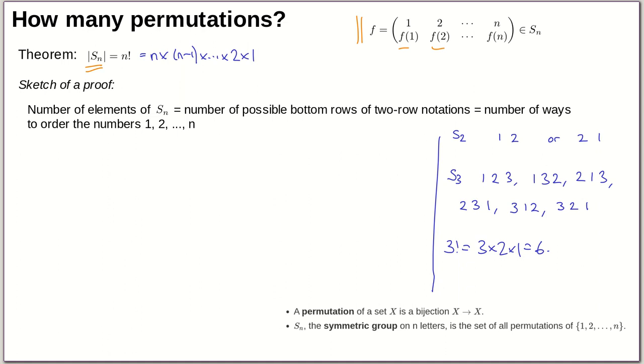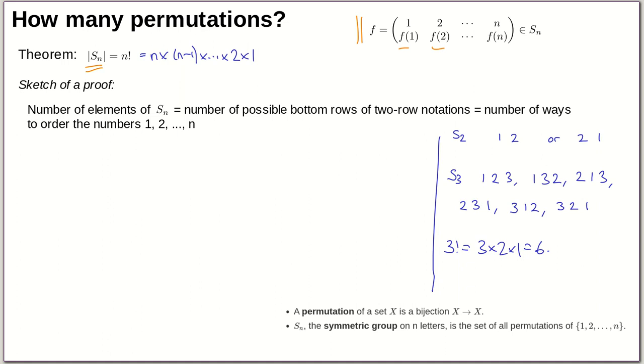First of all, the number of elements in Sn is the number of possible bottom rows of the two-row notation for an element of Sn, because a function is completely determined by its two-row notation. And as we just said, the bottom row of the two-row notation of a permutation is the numbers 1, 2, 3 up to n in some order. So what we need to count is just the number of ways to order the numbers 1, 2, 3 up to n.